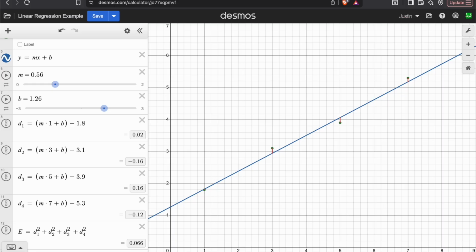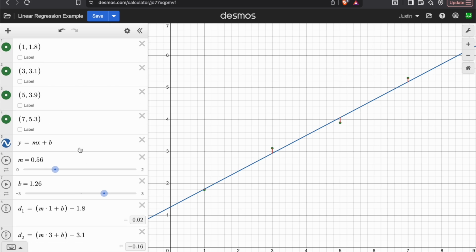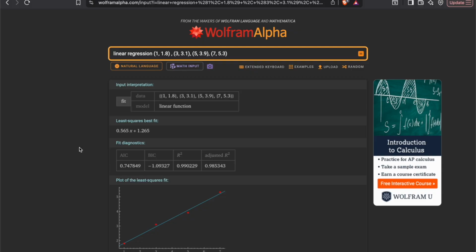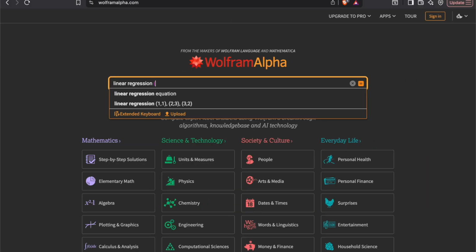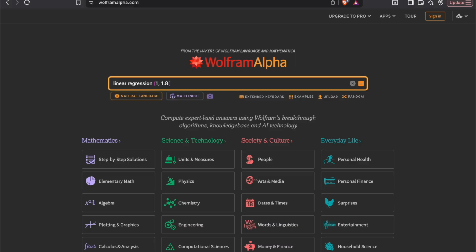So what we do is we just take each one of our points, 1, 1.8, and we plug it in. We go linear regression, 1, 1.8. Now I'm going to do a comma, and I'll do the next one, 3, 3.1.